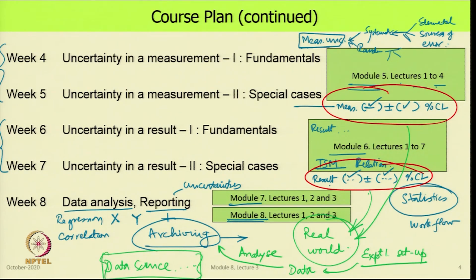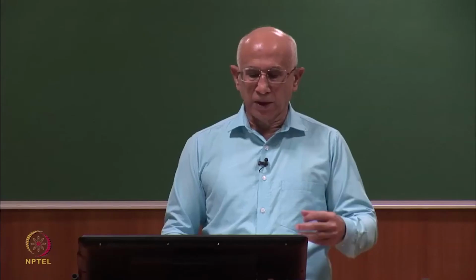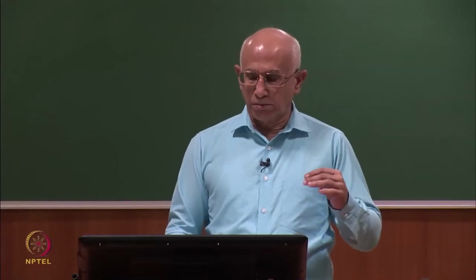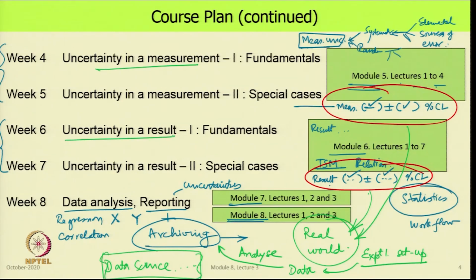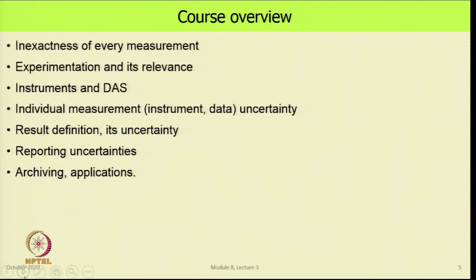So, this completed our course, and in this we learned the very basics of uncertainty in a measurement and uncertainty in a result. Important things that we saw were that there is inexactness in every measurement, which gives rise to uncertainty.